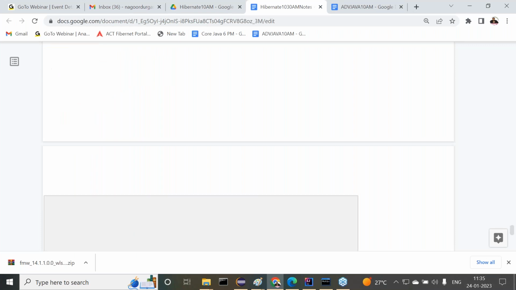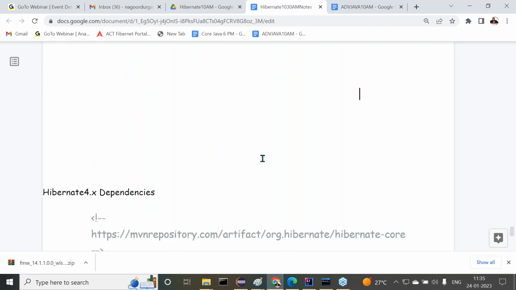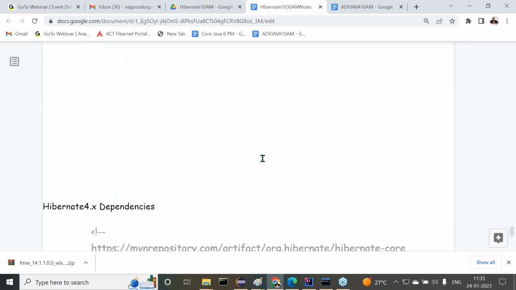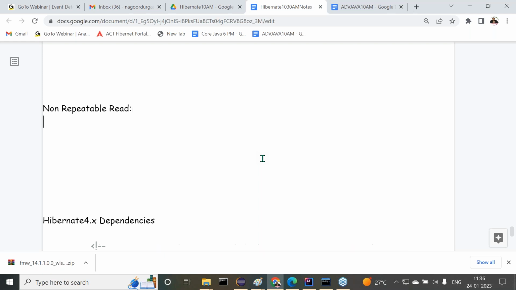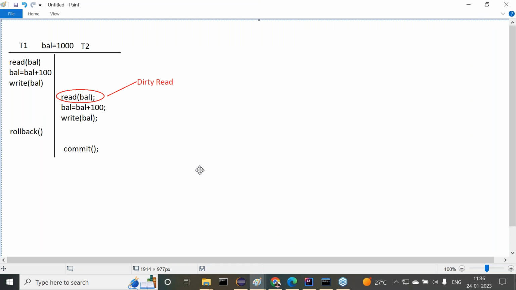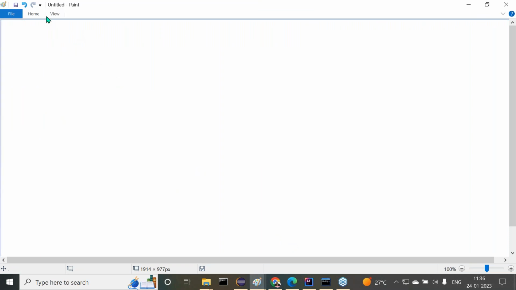Let's understand it clearly. Next one: the non-repeatable read problem. What is this non-repeatable read problem? Simple.